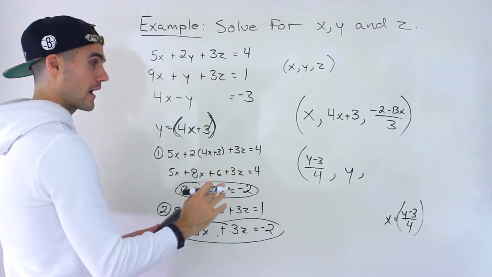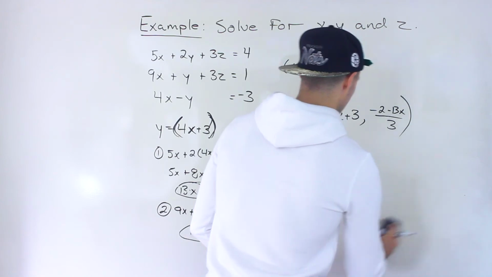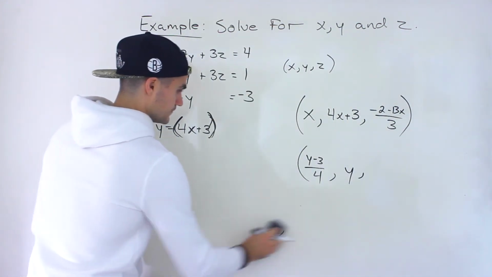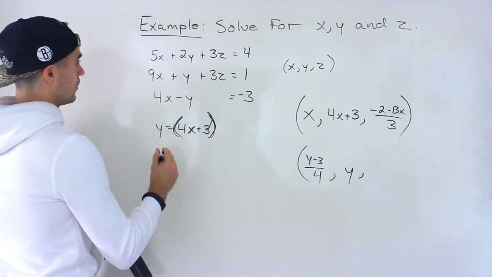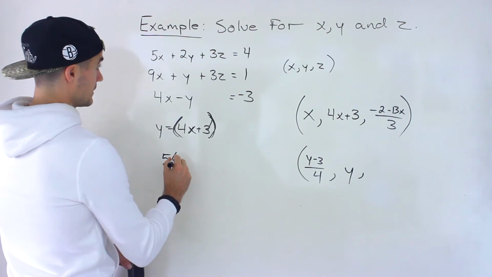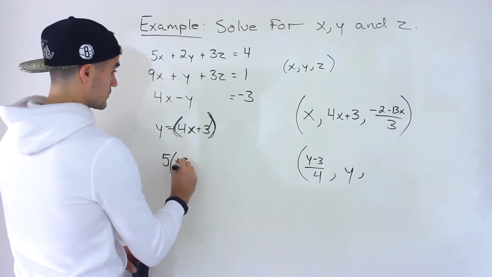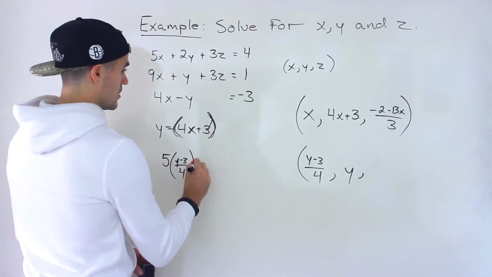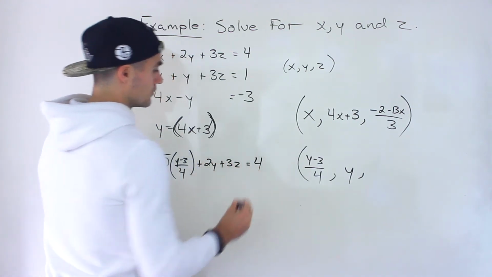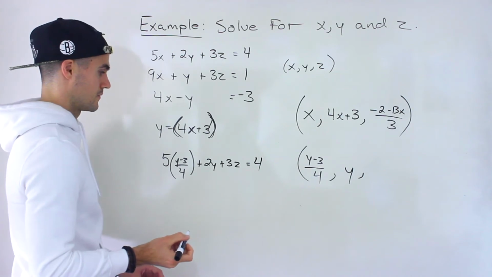So there's going to be more algebra in this one. Let's use the first one: 5 bracket y minus 3 over 4 plus 2y plus 3z is equal to 4.